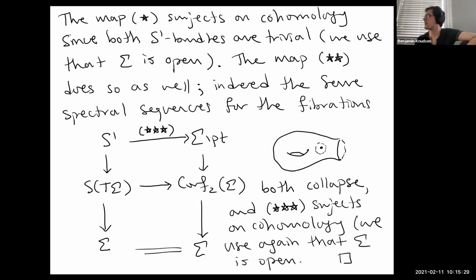I'm not going to be able to quote the right numbers off the top of my head, but the example to think about is the configuration space of 3 points in a suspension of 4 points.